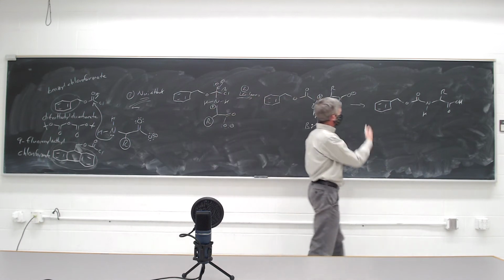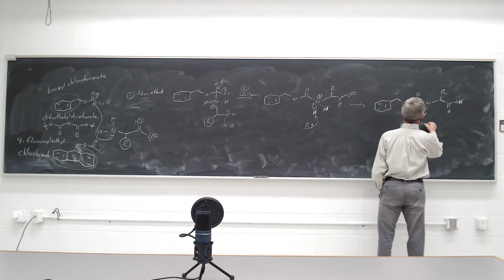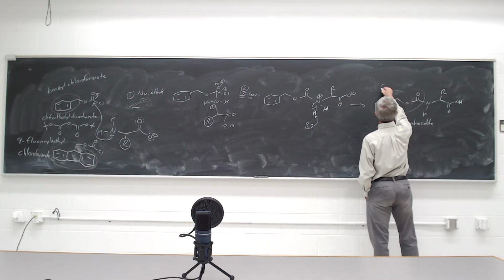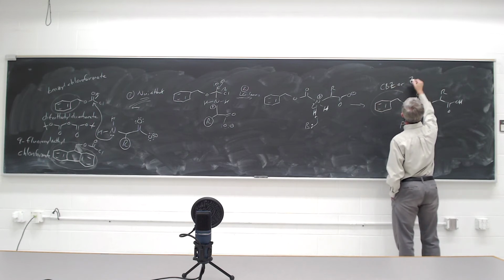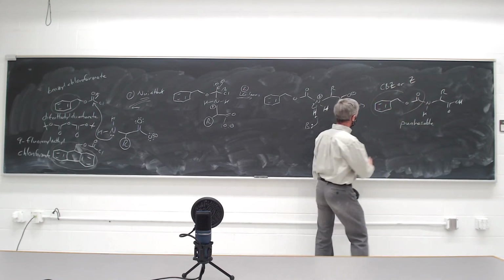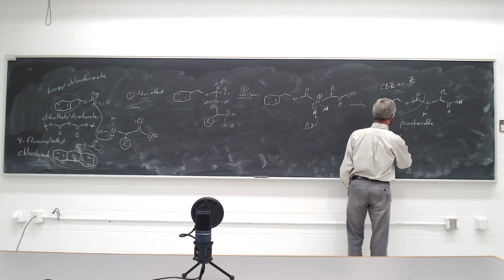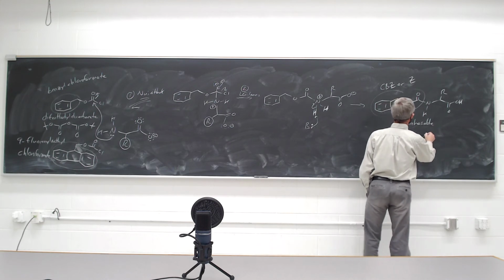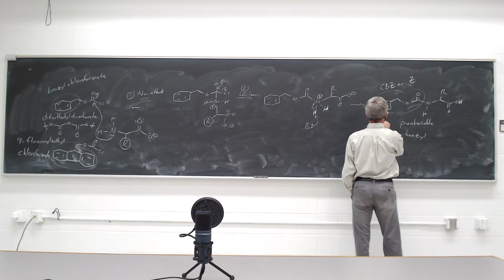And so you can buy these. And this is what's called a CBZ group. Or sometimes just abbreviated Z, stands for carboxybenzyl. This is the carboxy part, and this is the benzyl part.